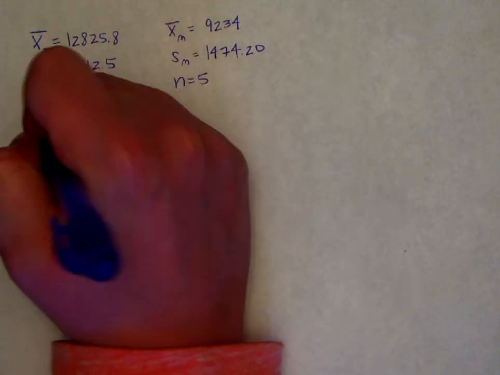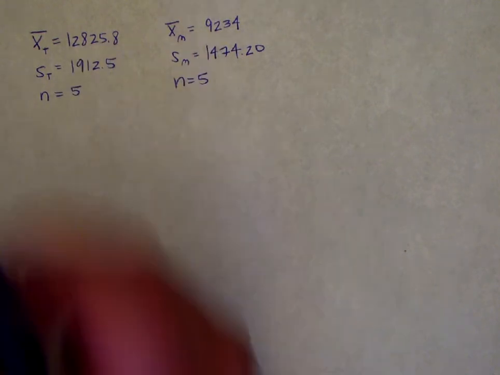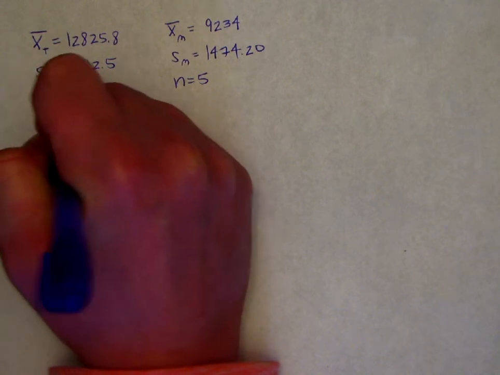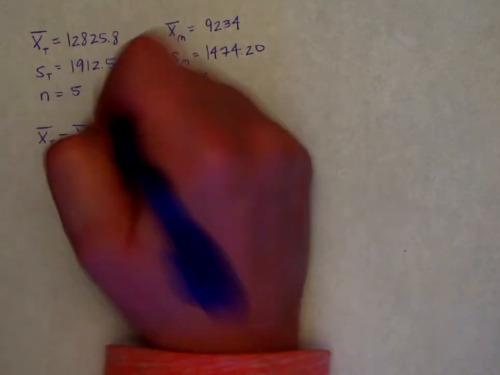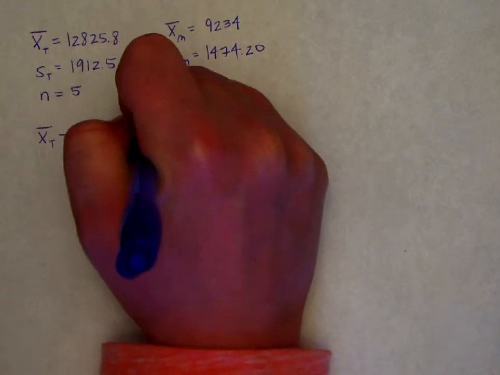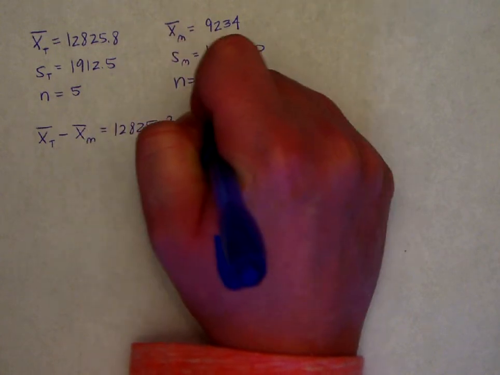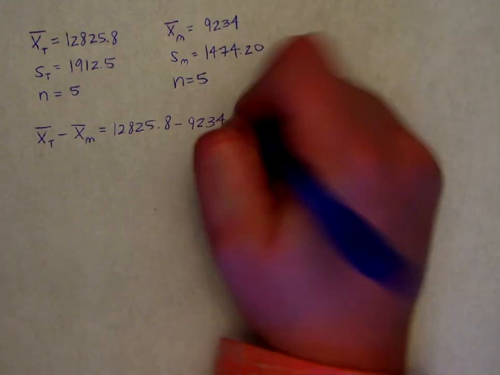So let's do that. I'm going to take larger minus smaller. So we'll do x bar of t minus x bar of m, and I'm getting 3591.8.